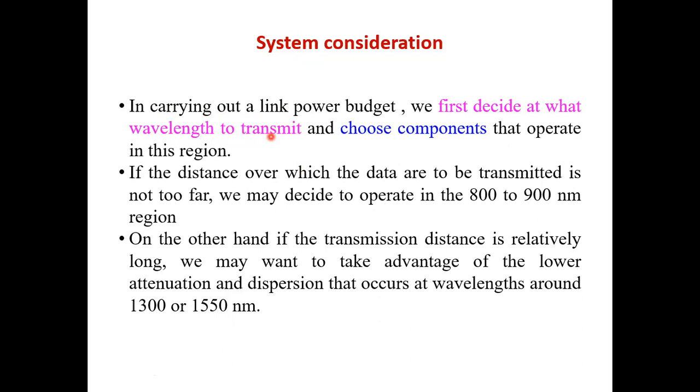Once I decide, say, I want to transmit at 1310 nanometer, I will select the receiver, the transmitter, and the fiber which work in that particular wavelength. So first I select the wavelength, then I choose components that operate in this region.